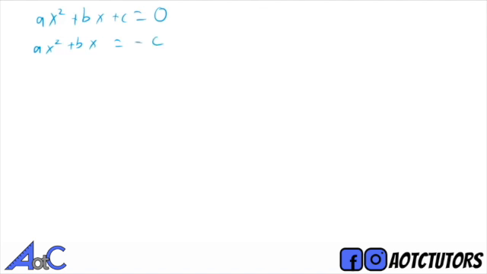Then the next thing I want to do is complete the square with what I have here, because I know that if I have a quadratic in standard form like this, if I complete the square with it, I can change it into vertex form. That looks something along the lines of this.